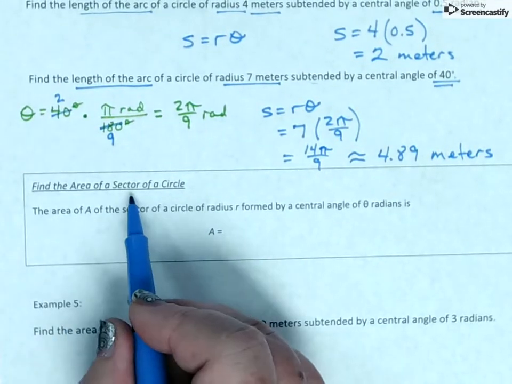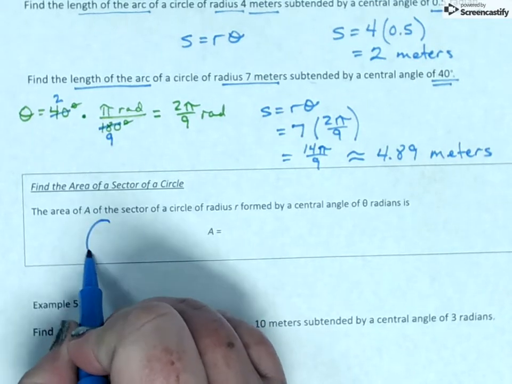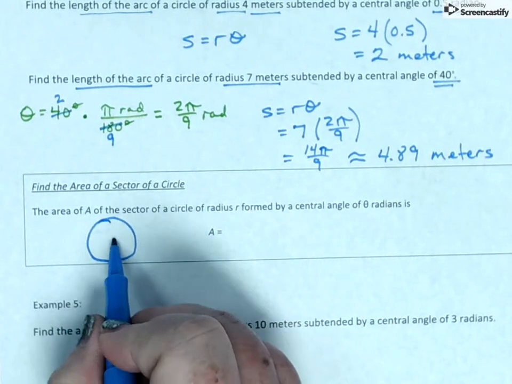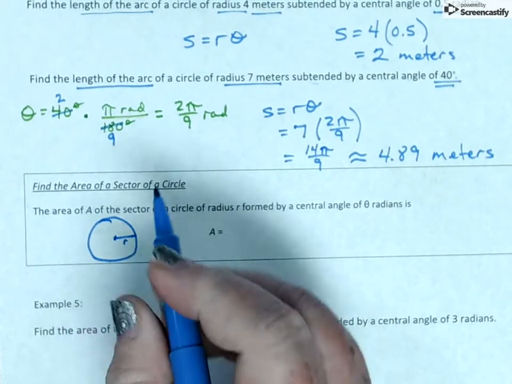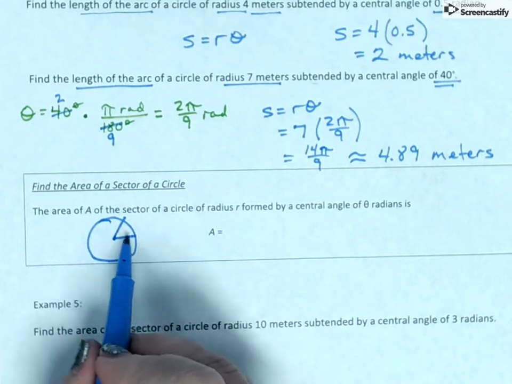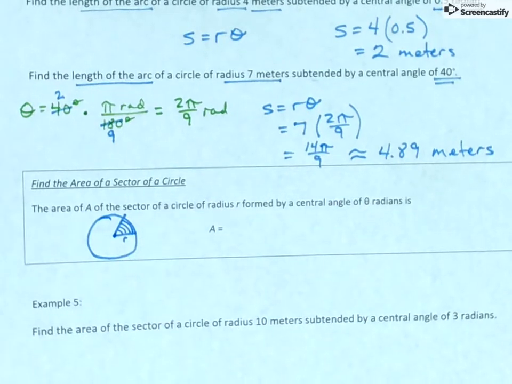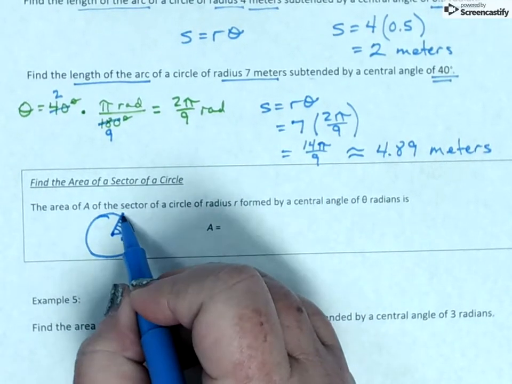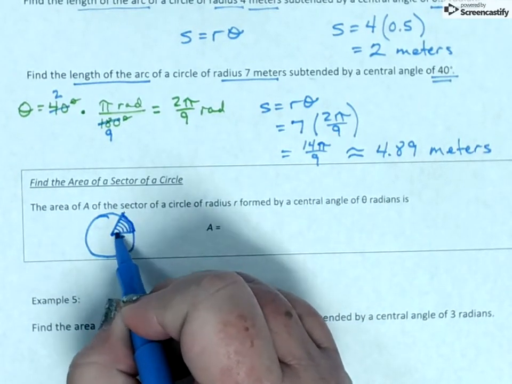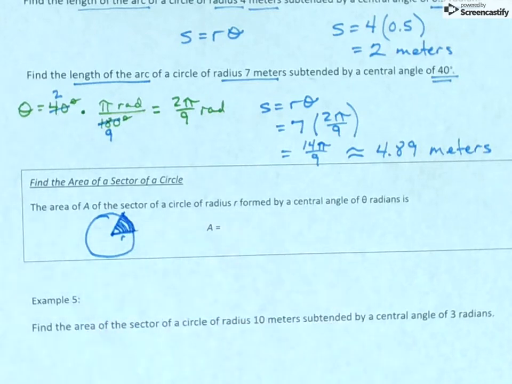To find the area of a sector of a circle, let's draw our circle with a radius of R. Here's a radius of R, and there's a sector that's subtended by the central angle. There is the sector. This is the arc that's subtended by the angle, but this is the sector.